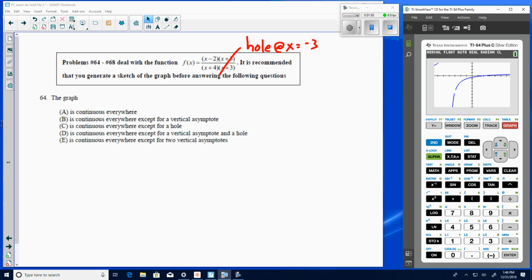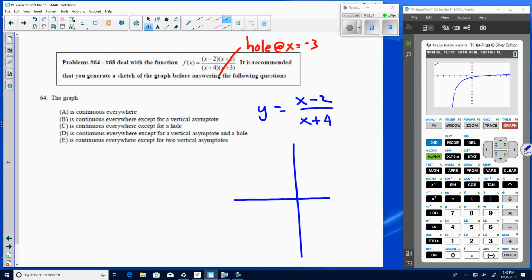And what we're trying to graph is y is equal to x minus 2 over x plus 4. We have our calculator to help us. We should see that there is a 0 or an x-intercept at 2. That's what makes this numerator 0. And for end behavior, we're looking at the ratio of the leading coefficients.